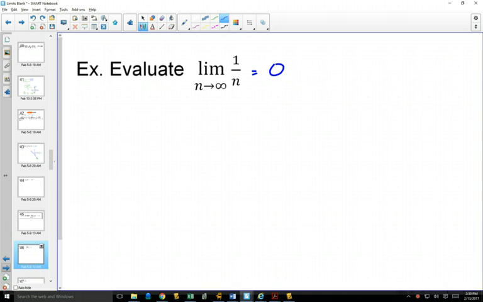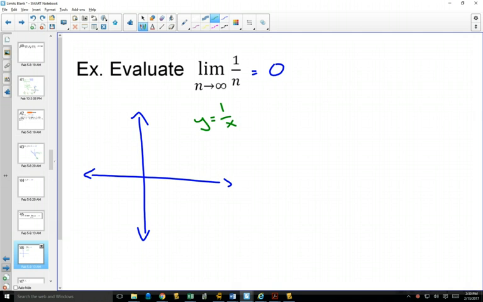Again, graphically, if we think about the graph of y equals 1 over x, that would have an asymptote here and an asymptote here. And your graph looks like that.